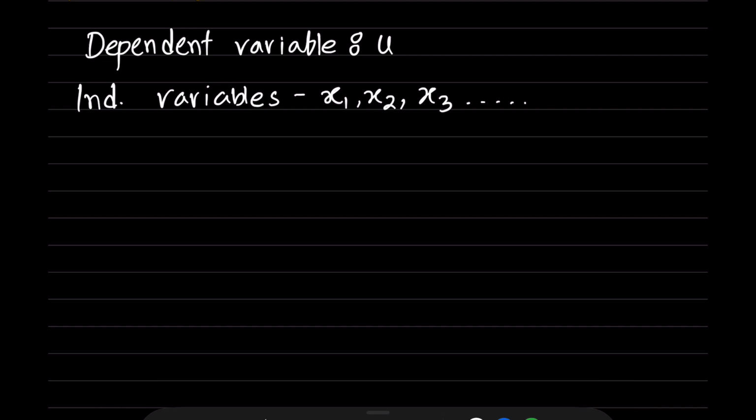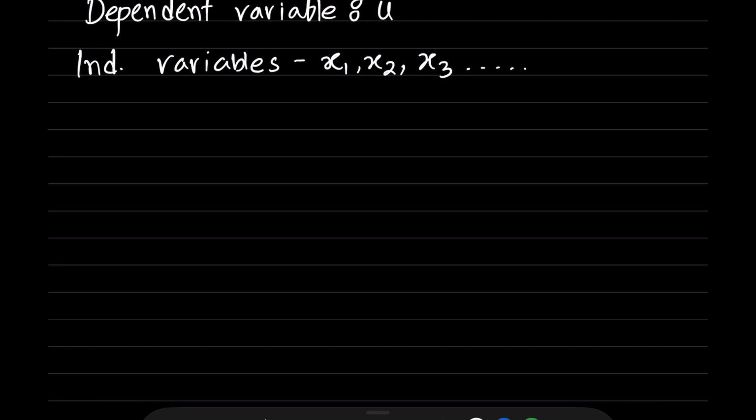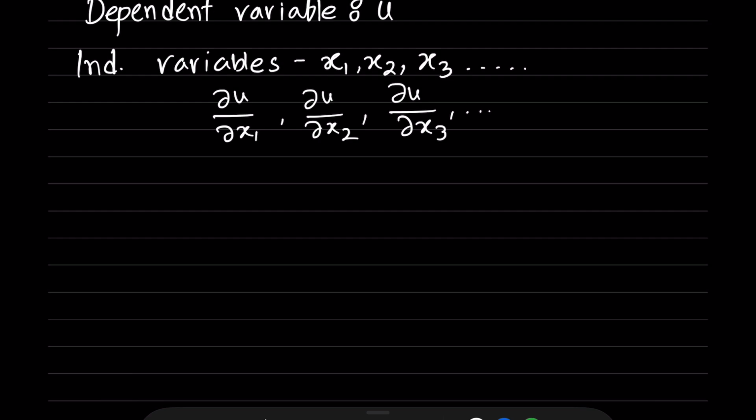So if you have one dependent variable and more than one independent variable, then for the partial derivatives of u, in that case you cannot have a regular derivative, you need to use a partial derivative for each of these relations. I know how I am defining this, mathematicians would go crazy, but that's the whole point. I don't want a mathematician to teach engineering math. It has to be the engineer's job.